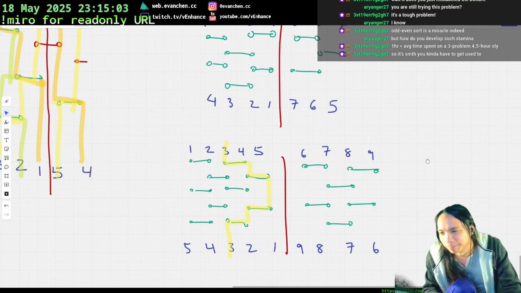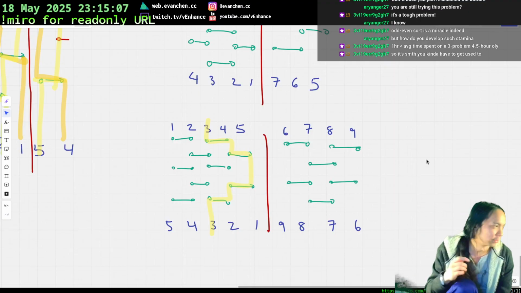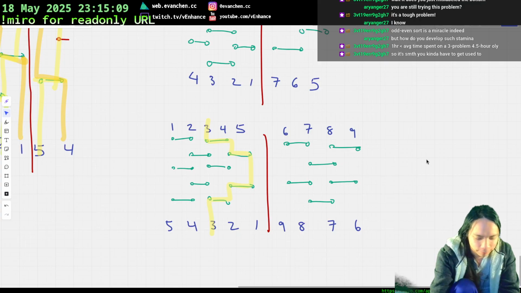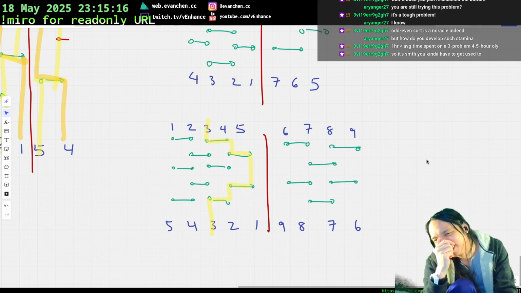Anyways, where was I? Okay, I totally believe this construction is optimal now because of induction. So, yeah. Do I want to show it's optimal? Not really, honestly.